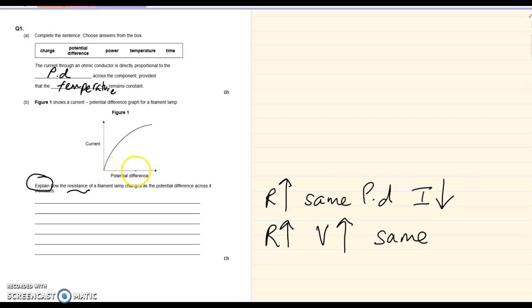So as the bigger current flows due to the larger potential difference, the temperature gets bigger, and because the temperature gets bigger, the resistance also goes up. And we can tell that from this graph because the gradient is getting flatter and flatter, which means it's harder and harder for the potential difference to push current through the conductor.